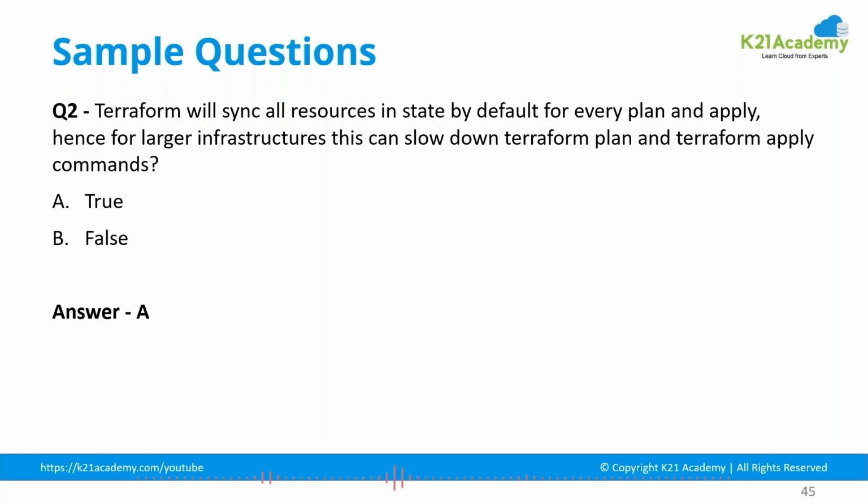That is going to speed up your plan and apply. It will not wait for the refresh. For any kind of large scale infrastructure, this can be one of the interview questions as well: how you can optimize Terraform performance for large scale infrastructure.